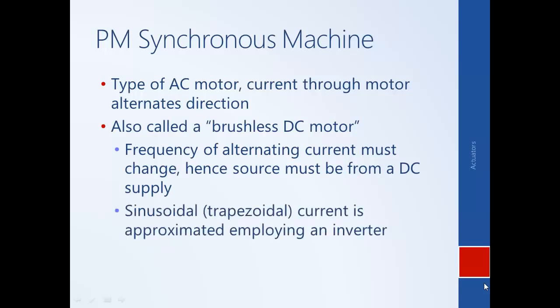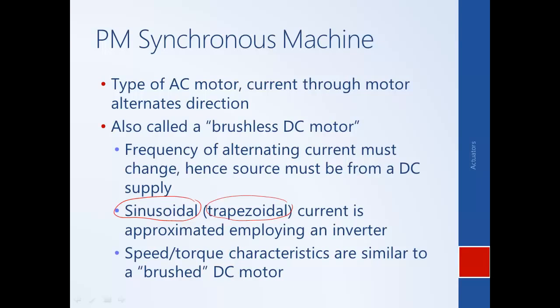And the way that the DC supply is changed into alternating current is through the use of an inverter, either to create a sinusoidal or approximate a sinusoidal current, or what we call trapezoidal current. I've seen in some instances that machines where the current is trapezoidal is called a brushless DC, and a machine where the current is sinusoidal is called a synchronous AC machine.